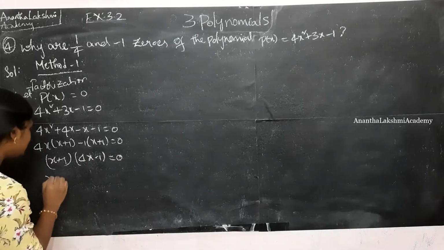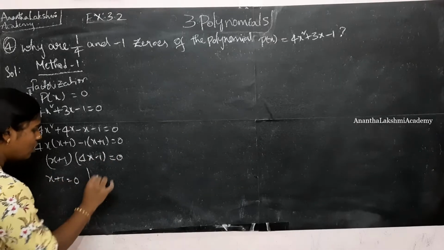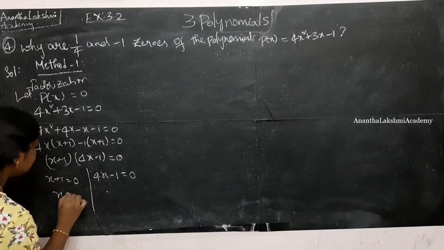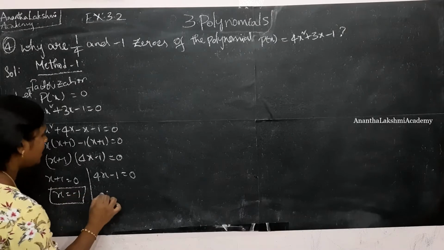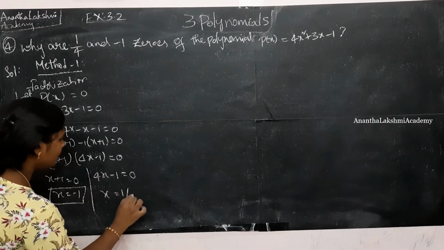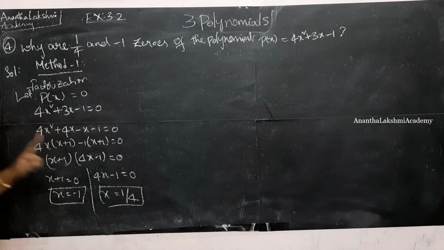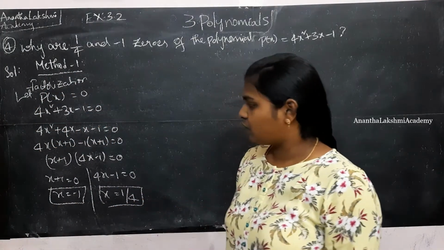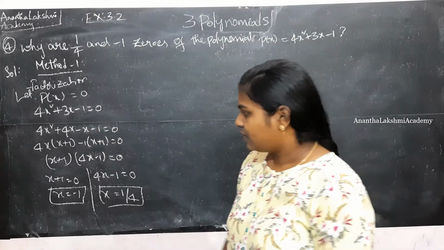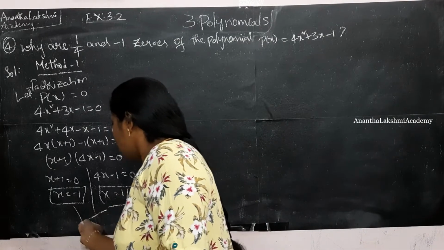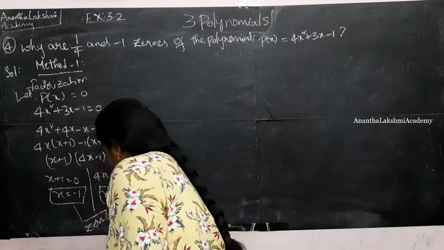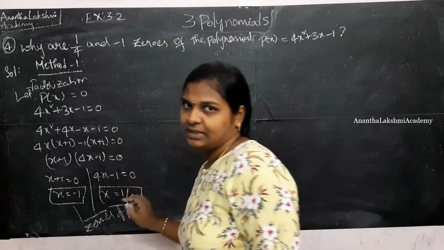Alright, x plus 1 is equal to 0 or 4x minus 1 is equal to 0. x is equal to minus 1 and x is equal to 1 by 4. This is method 1, wherein x is equal to minus 1 and 1 by 4 are zeros of the polynomial p of x.